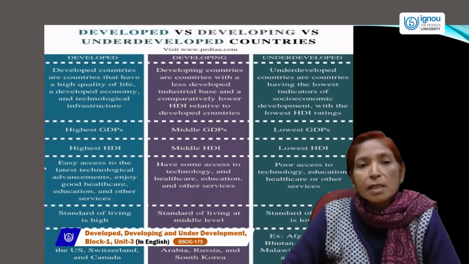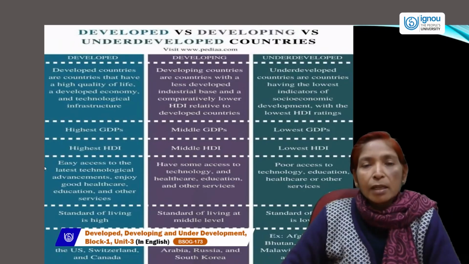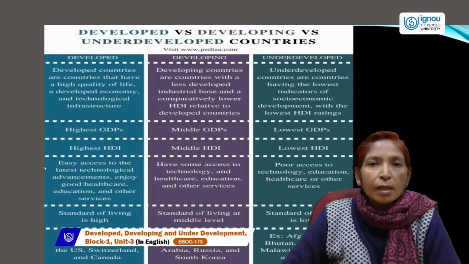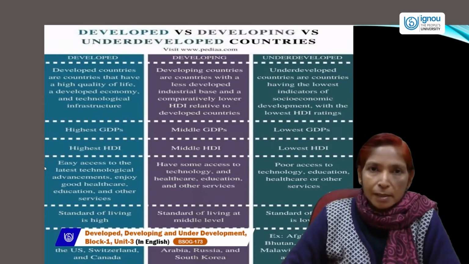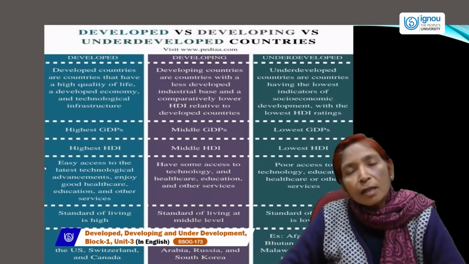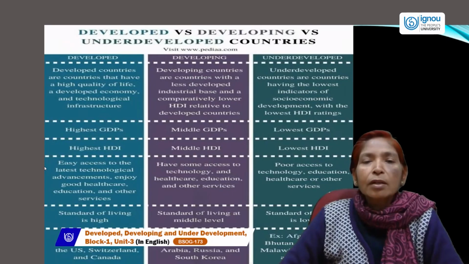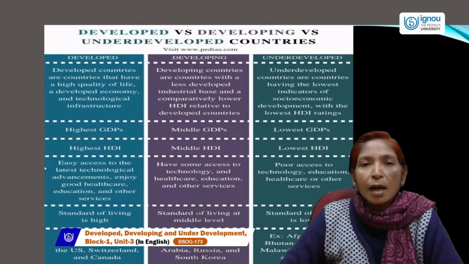So developing countries are those with a less developed industrial base, mainly agriculture-dependent, with a predominance of agriculture, and a comparatively lower Human Development Index relative to developed countries. And underdeveloped countries are those having the lowest indicators of socio-economic development, with the lowest HDI rating.